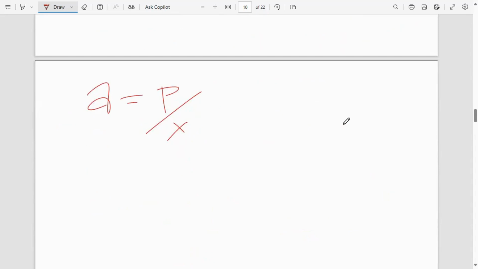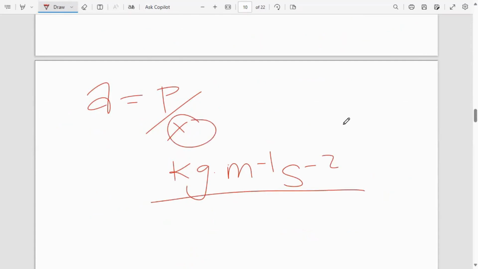And what is P? P is equal to kg m power minus 1 s power minus 2 over, what are the dimensions of X? They've given us that X is just length. And since that is just length, we're dividing with only the meter down here.